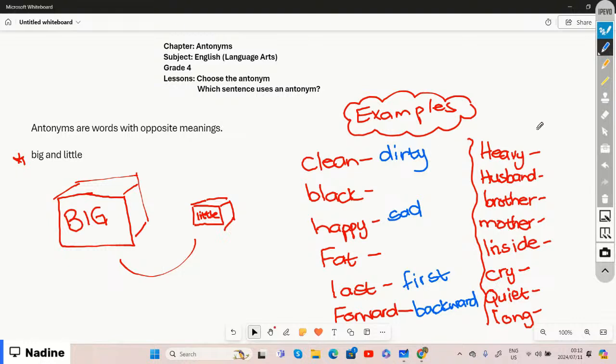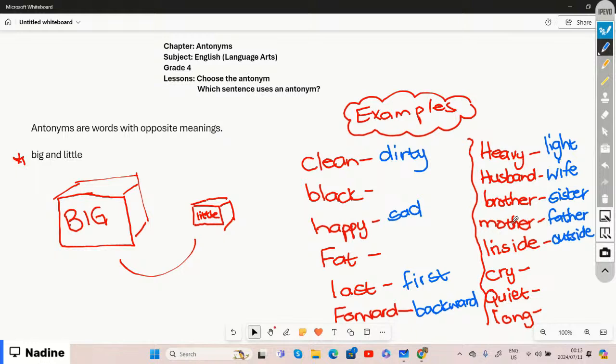Yes, something is heavy or something is very light. Well done. We have husband and we have wife. The opposite of brother is sister. Mother is father. The opposite of inside is outside.